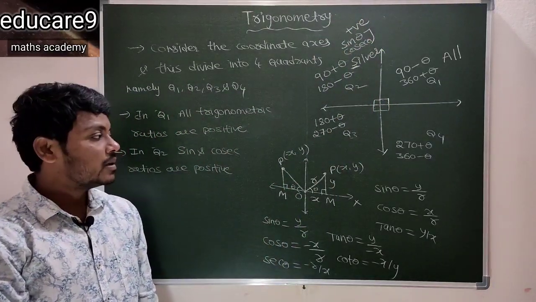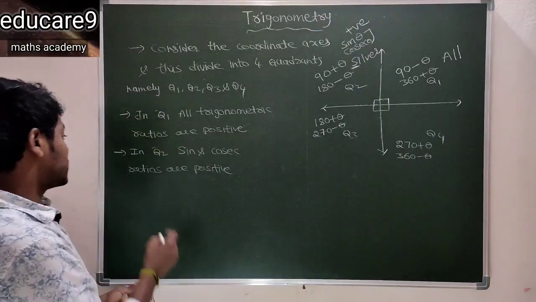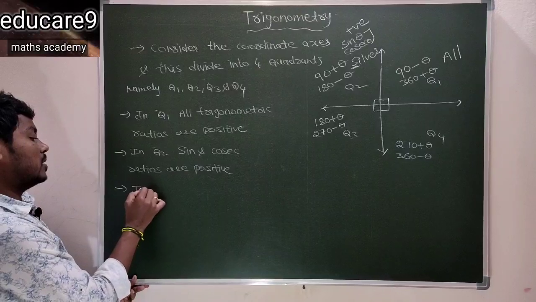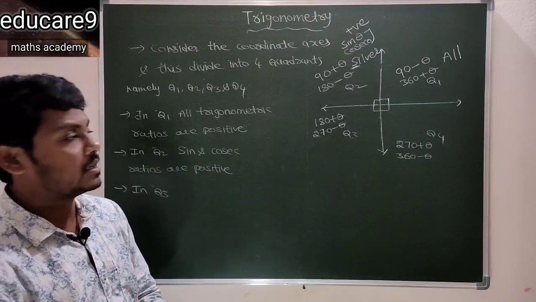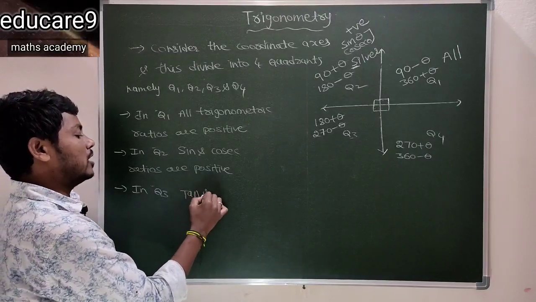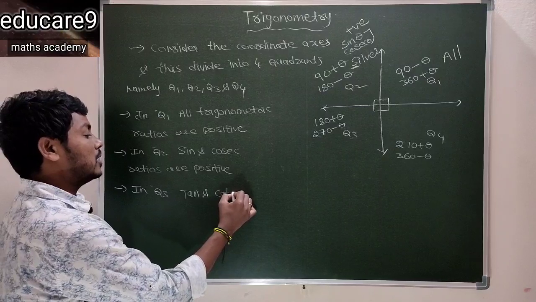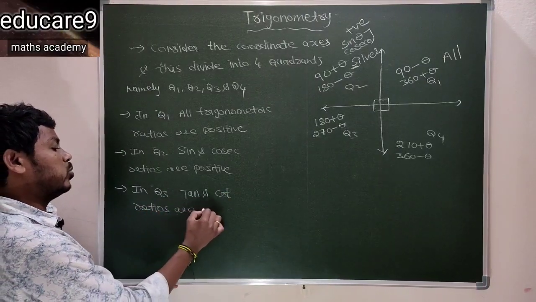Suppose P lies in the third quadrant. So similarly in the third quadrant, tan and cot ratios are positive.